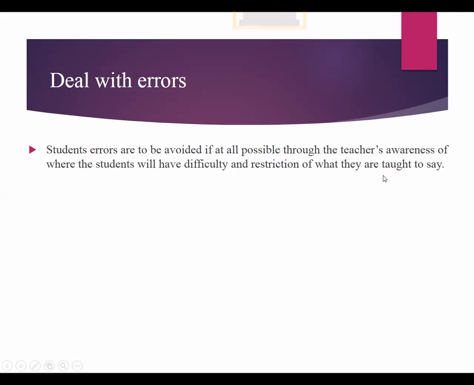Okay, so for example, if they are unable to say the word restaurant, the teacher is going to make them drill this particular vocabulary again and again so that they can pronounce it correctly, in order to avoid any kind of error. Because if they learn any wrong pronunciation, it will develop a bad habit. Okay, so this is all about this method.